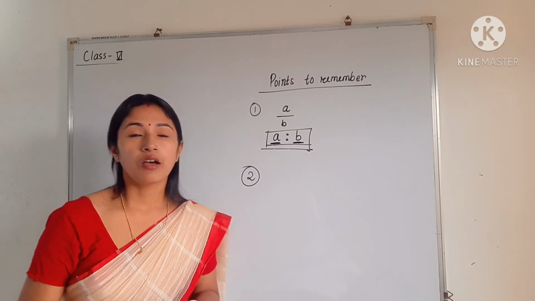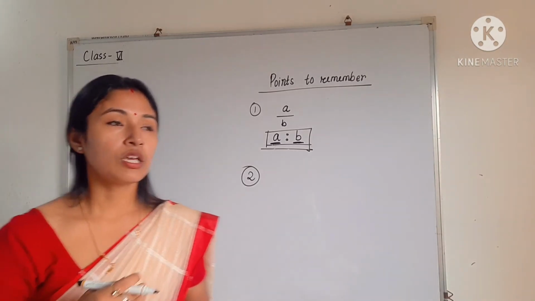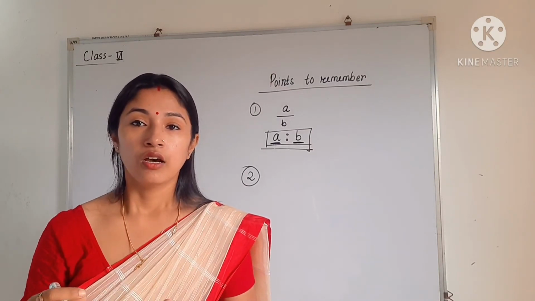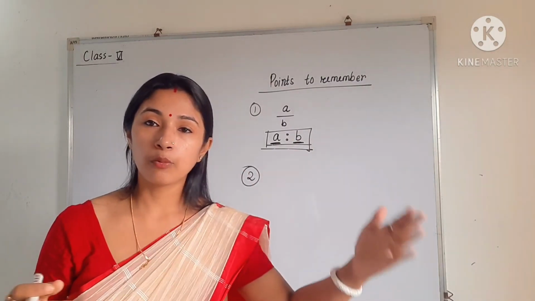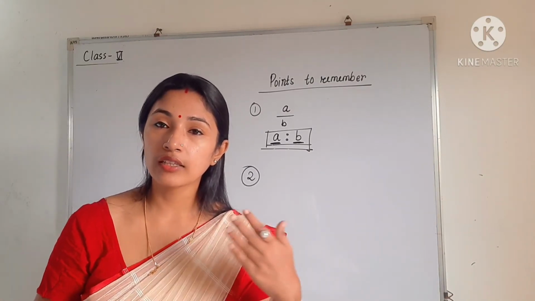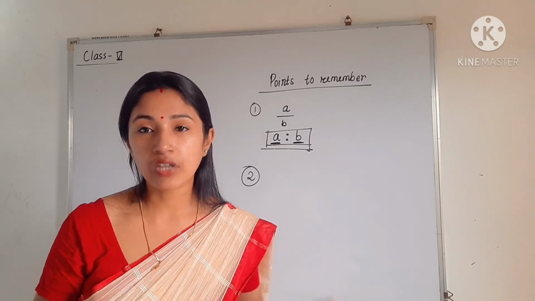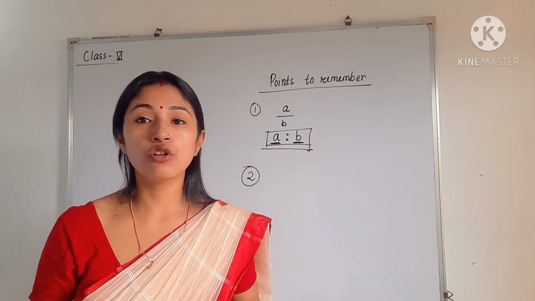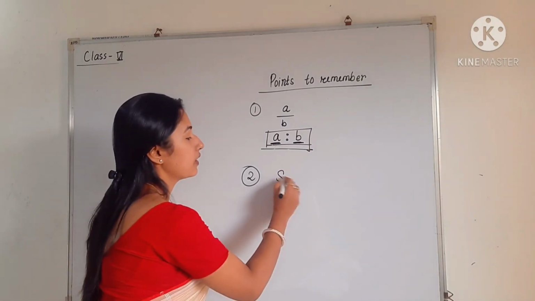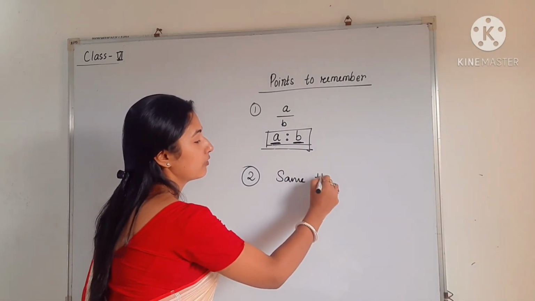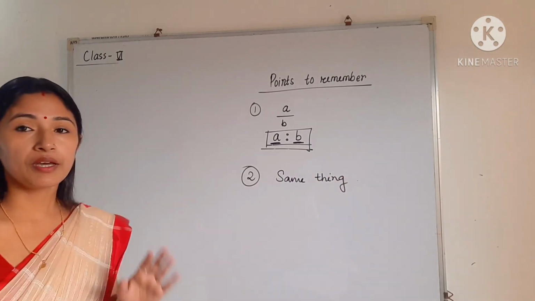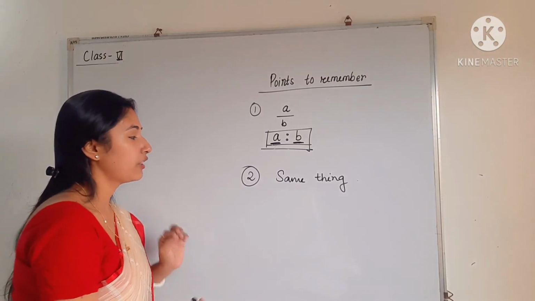Like if you are taking distance of a point from another point, then the second quantity also you have to take as distance only. If you are taking centimeter, then the other one also should be in centimeter. So that means we have to compare the same thing, the same kind of object.